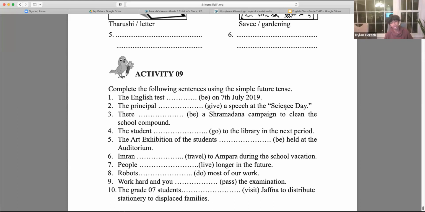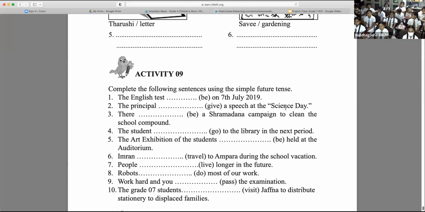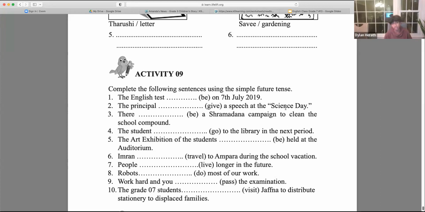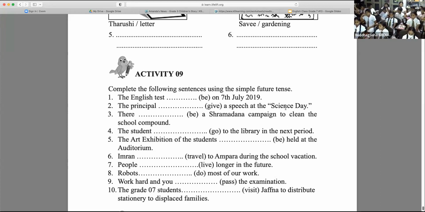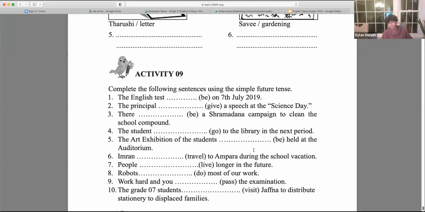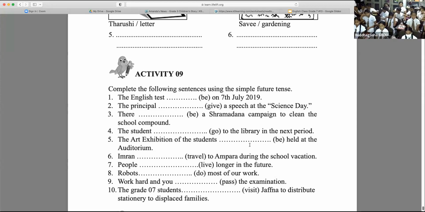Number 5. The art exhibition of the students blank be held at the auditorium. So what would be the word?